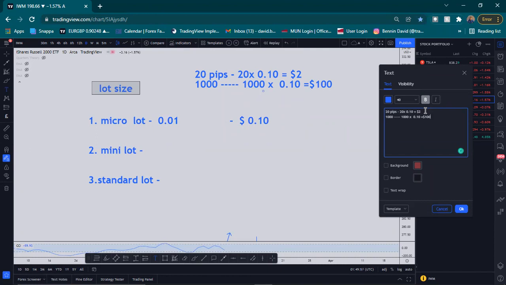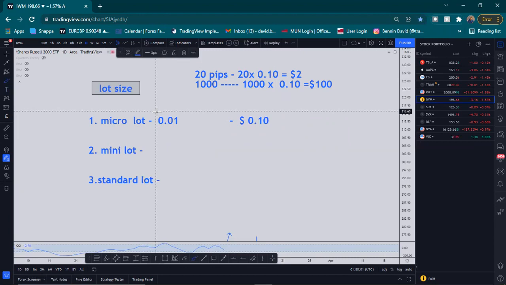So if you want to make $100 and you are using the smallest lot size of 0.01, then you have to make 1,000 pips, because every single pip will give you 10 cents. Right?